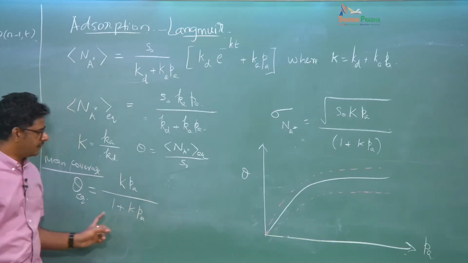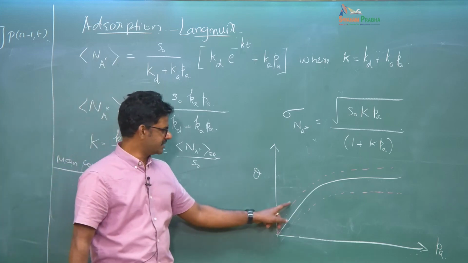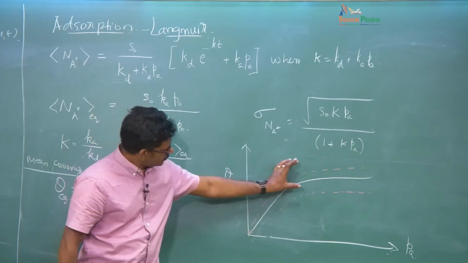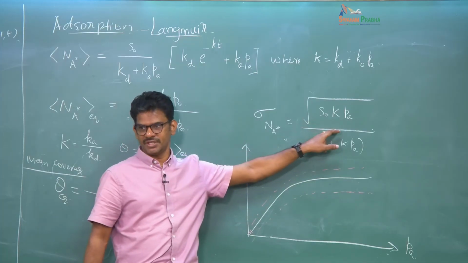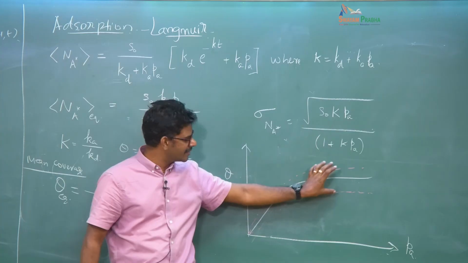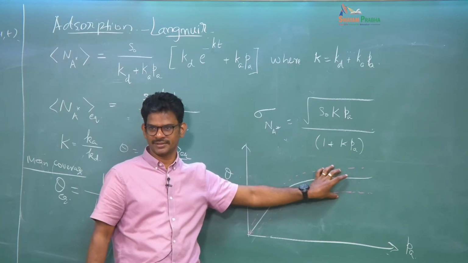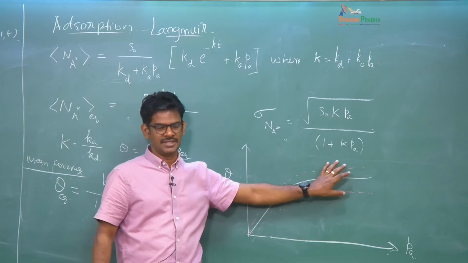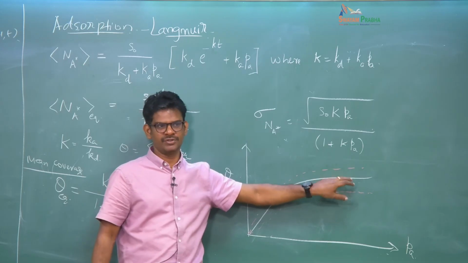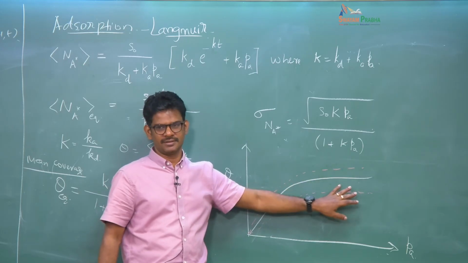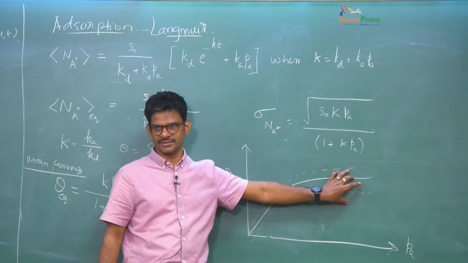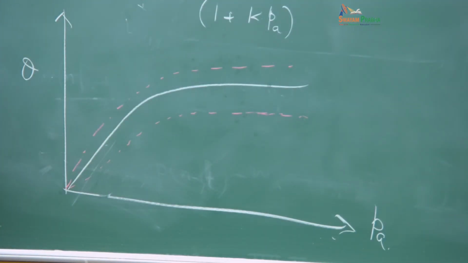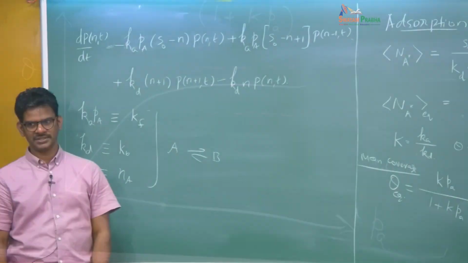So the mean changes with Pa by this, exactly like the deterministic approach, but you can also find the uncertainty about this mean based on this equation. For every Pa you can calculate the error bar, the fluctuation about it. This extra information about the fluctuation about the mean is not obtained from the deterministic approach, but from the stochastic approach you can get it. So that's the main takeaway that we obtain by doing this problem stochastically.